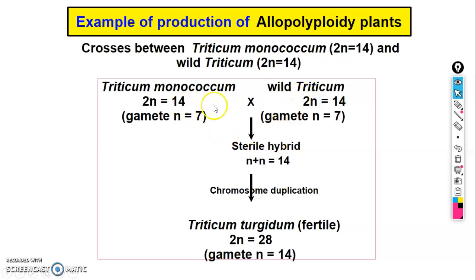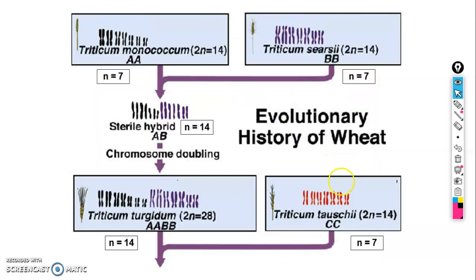They produce normal gametes n equal to 7, and produce n plus n equal to 14. This undergoes chromosome doubling and will produce 2n equal to 28, which gives gametes n equal to 14. And this is the evolutionary history of wheat. So n equal to 7 means gametes produced from Triticum monococcum and Triticum searsii.